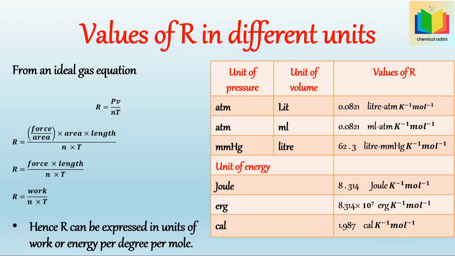If we consider the unit of energy as erg, then the value of R is equal to 8.314 into 10 raised to 7 erg Kelvin inverse mole inverse. If we consider the unit of energy as calories, then the value of R is equal to 1.987 calories Kelvin inverse mole inverse.